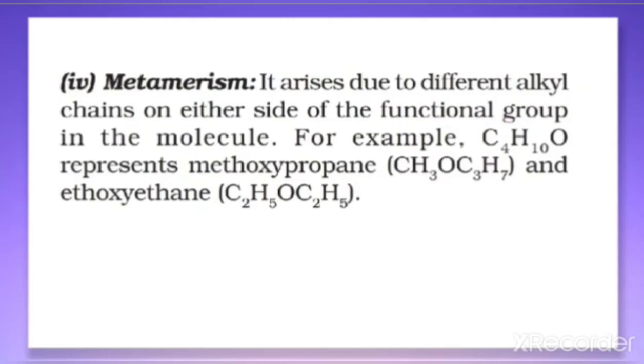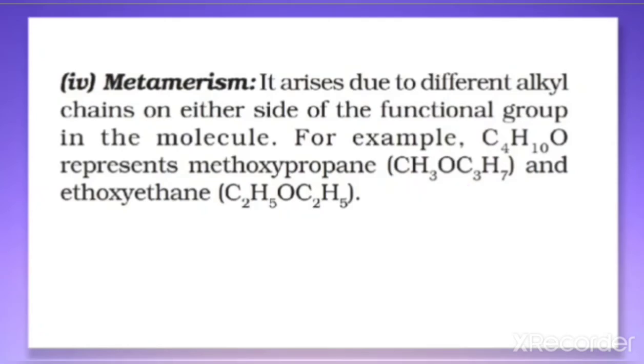When you look at these two examples, both are the same category of compound, that is both are ethers. But what is the difference here? When you look at either side of the functional group, here there is CH3 and C3H7. But in this one, on this side C2H5, on the other side C2H5.